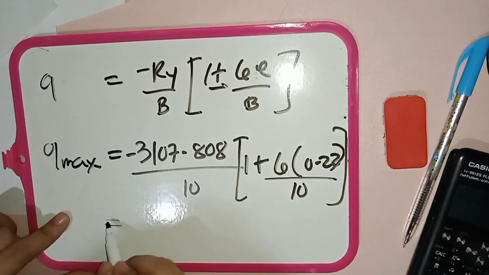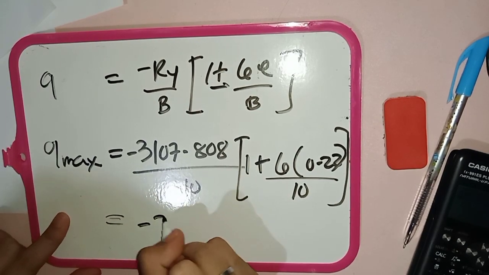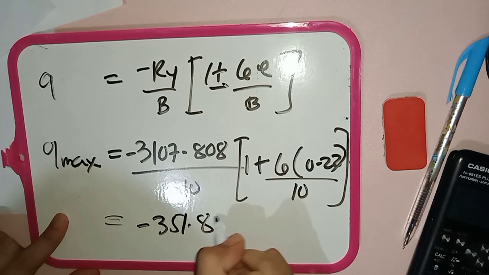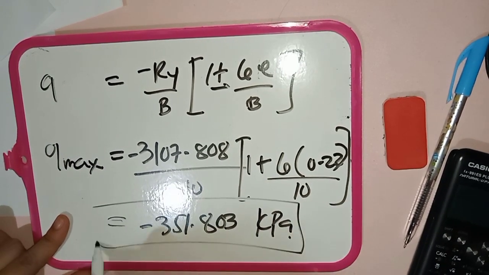If we multiply that, the answer is negative 351.803 kPa, since it is pressure. So that is our q max.